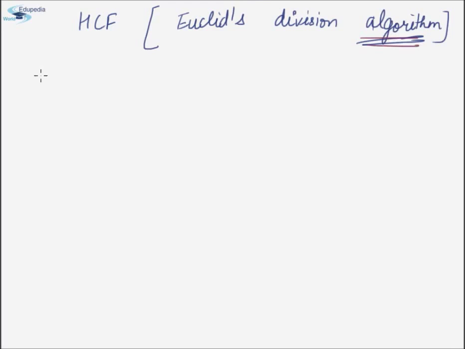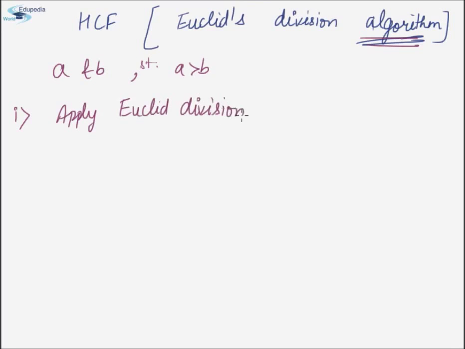This algorithm says that if we are having two numbers A and B such that A is greater than B, then in the first step apply Euclid's division lemma on A and B, the lemma which we have just discussed.